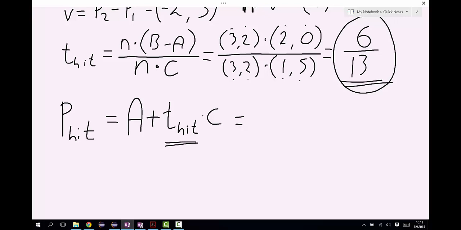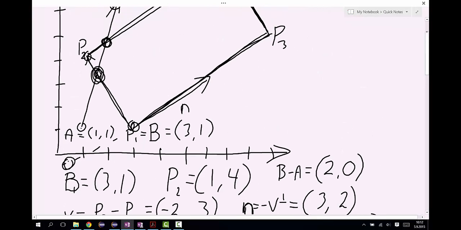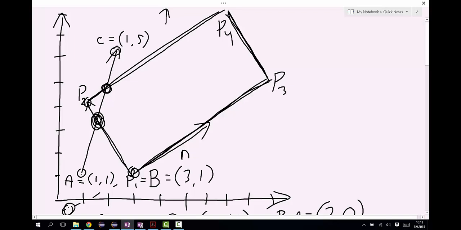So in our case, this gives us A was 1, 1, T hit was 6 by 13, times C, which was 1, 5.